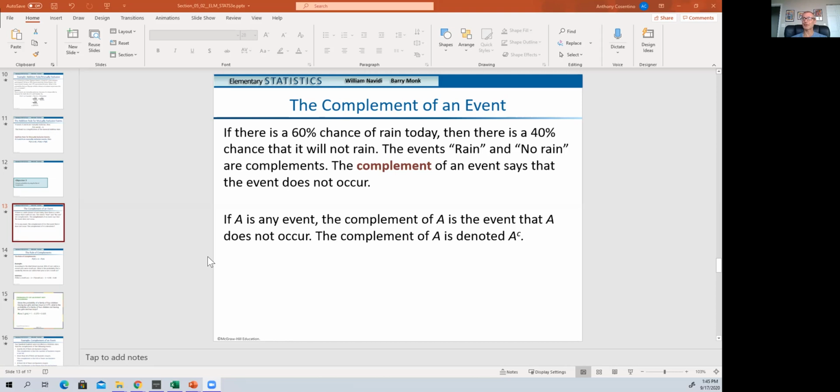If there's a 60% chance of rain, it means there's a 40% chance that it's not going to rain. When you add those together, you get 100%. If we convert that to a decimal, that's the number 1. The book uses this little c as an indication of complement. I've seen other books use different notation, but we need to follow what we're doing in this book.